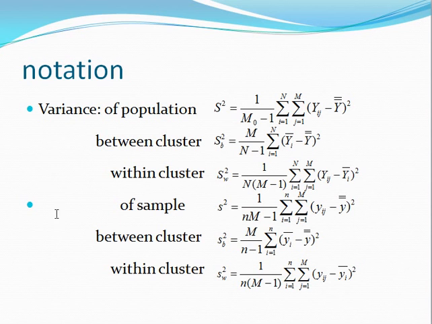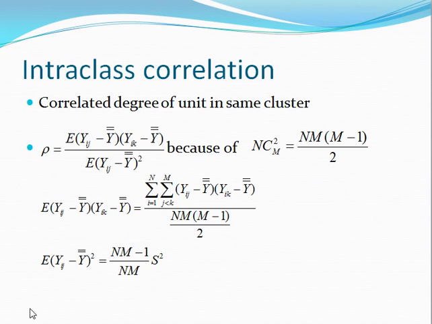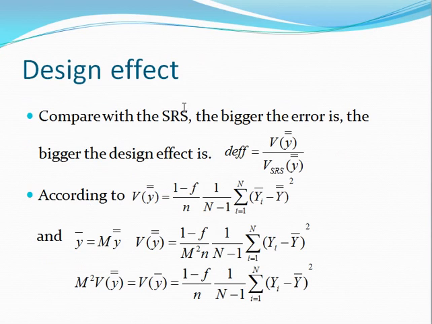Then the estimators for the mean, for the total value, for the variance, which we will use. Then the intraclass correlation, which is quite useful for the design effect part, and then the design effect, which is a signature of the goodness of the sample method compared with simple random sampling.